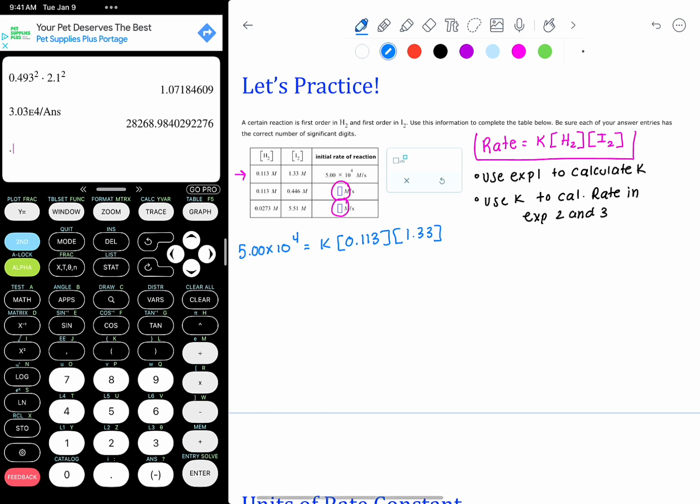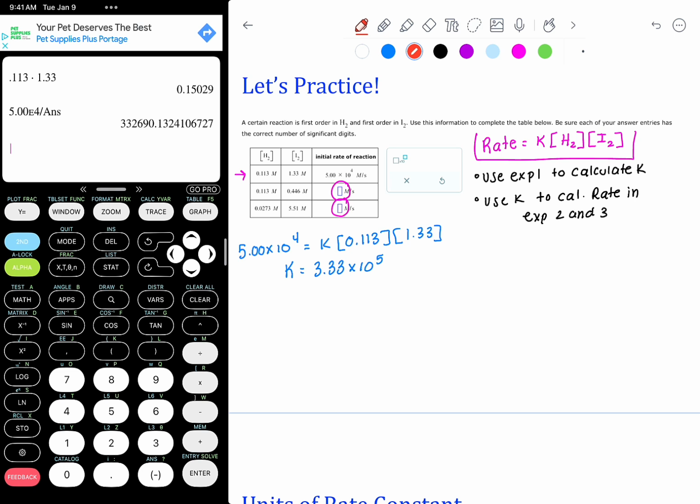So 0.113 times 1.33, then we're going to take that 5.0 times 10 to the 4th, and divide it by that number. So we get a K of 3.33 times 10 to the 5 for our K.